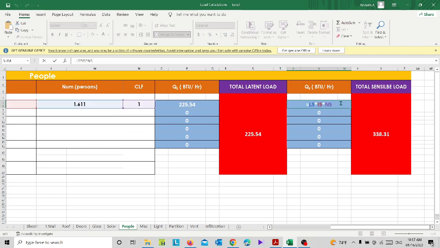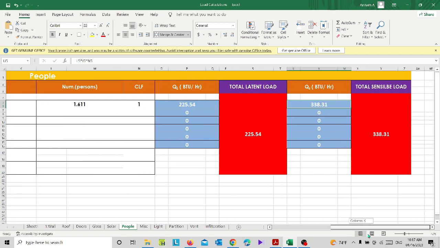So you have to multiply 3 things: the number of persons, QS by person, and the cooling load factor, then you get the sensible thermal load. Multiply all these, and you will get your answer for the sensible and latent heat load.